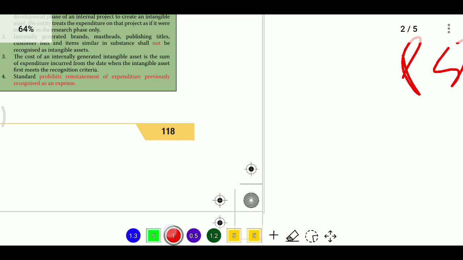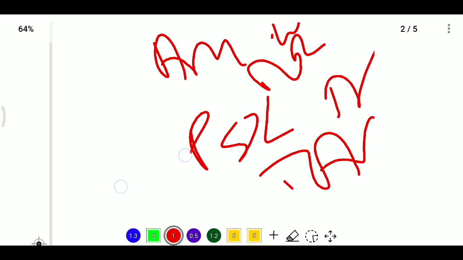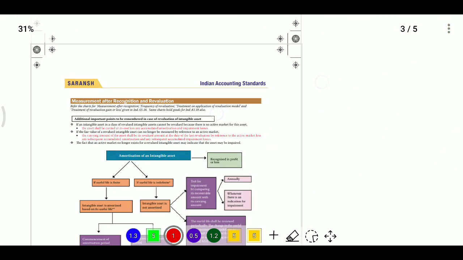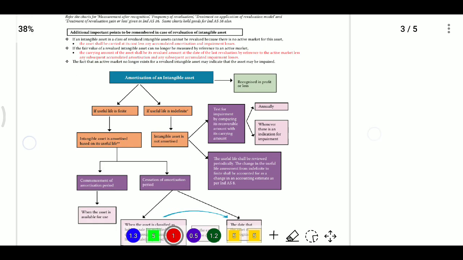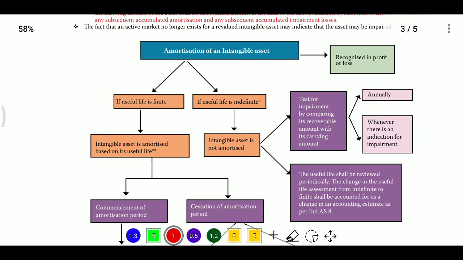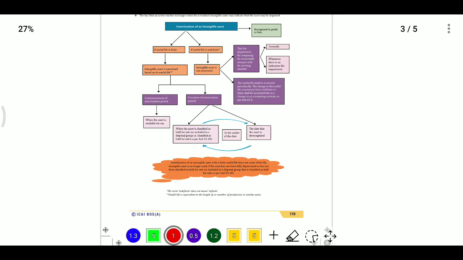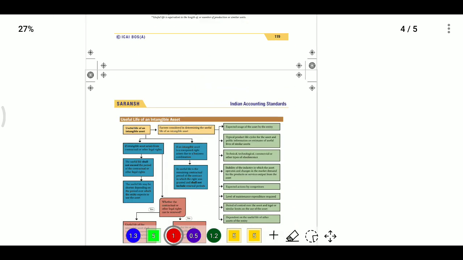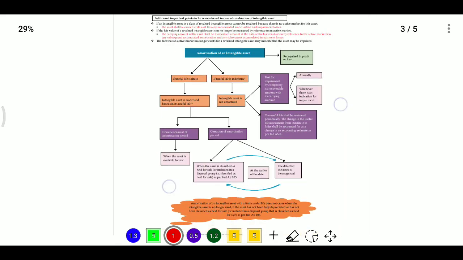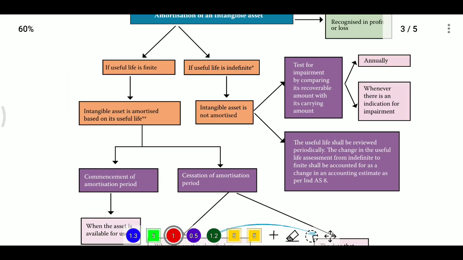Now we are amortizing the assets. Whenever we are amortizing an intangible asset, how can we amortize? Firstly, the method of charging amortization: for intangible assets we can use the SLM method.